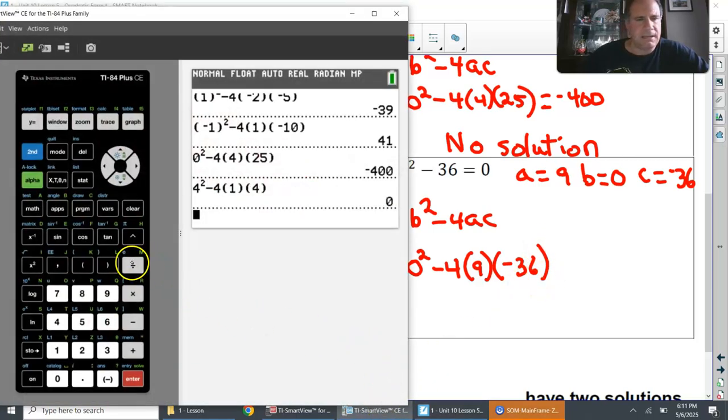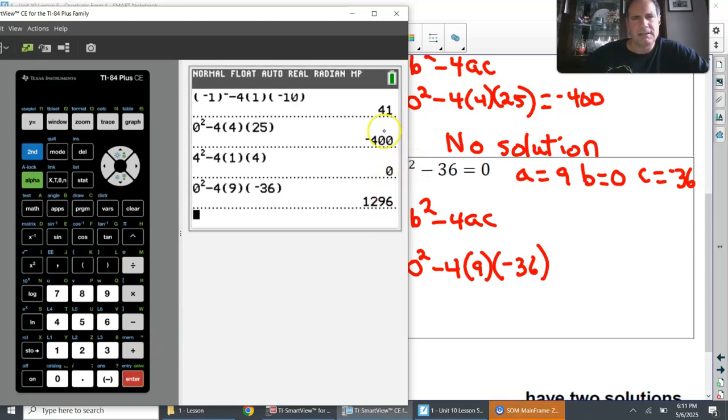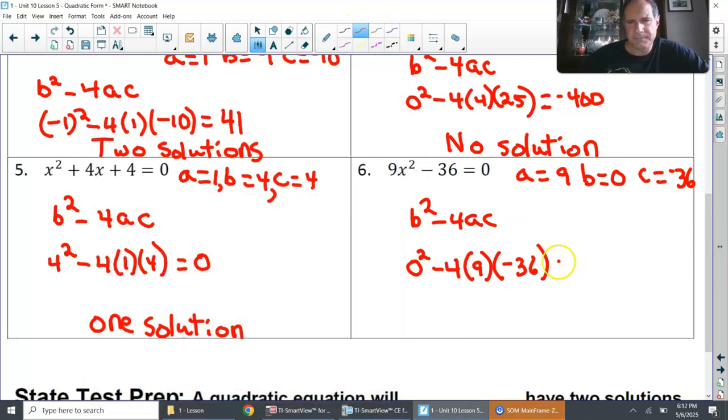This looks like a positive. We're going to press enter, and it's 1,296. And that is 2 solutions.